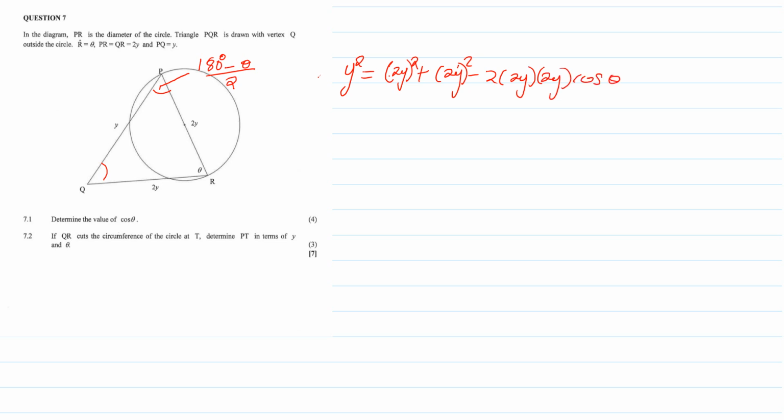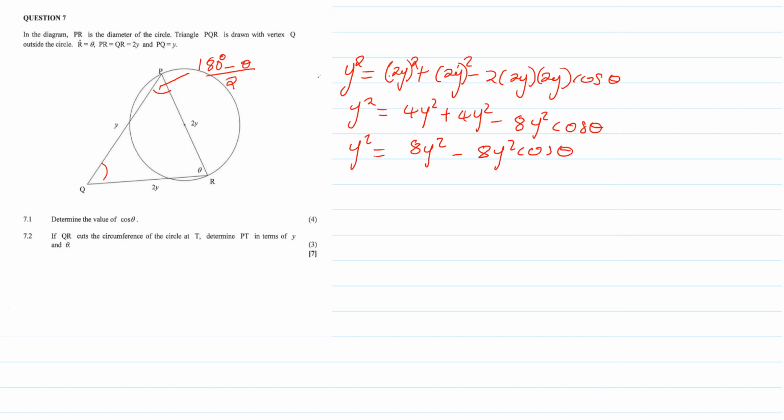Thereafter we'll have y squared equal to 4y squared plus 4y squared minus 2 multiplied by 2 multiplied by 2, which will just give us 8y squared cos of theta. Thereafter we group the like terms. We will have y squared equal to 4 plus 4, which gives 8y squared, minus 8y squared cos of theta.